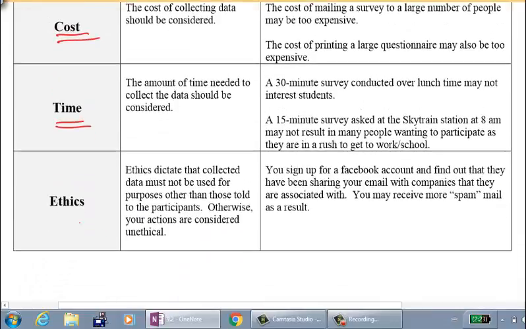And my last thing here is called ethics. When you collect the data, you can only use it for the purpose that you want to use it for, instead of using it in other malicious ways. So here's an example of that, and I don't want you to copy that, but ethics is a big concern, especially when you get to university and you do big research projects. You have to clear ethics, because if it's not ethical, you're not doing it.